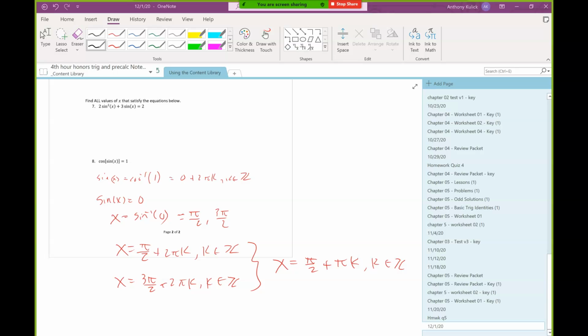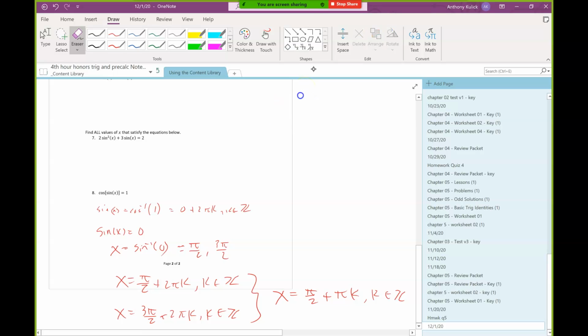All right. So if I look at number 7, this looks to me a lot like a quadratic. So imagine we had 2y squared plus 3y equals 2.